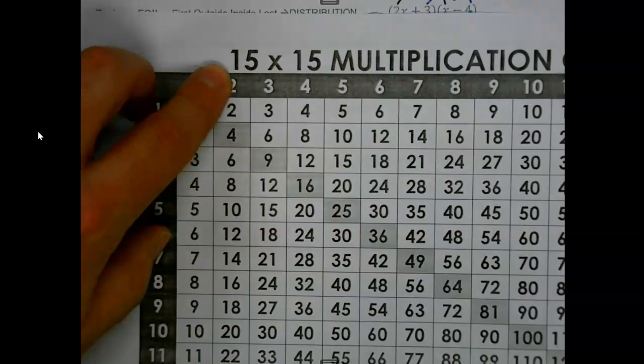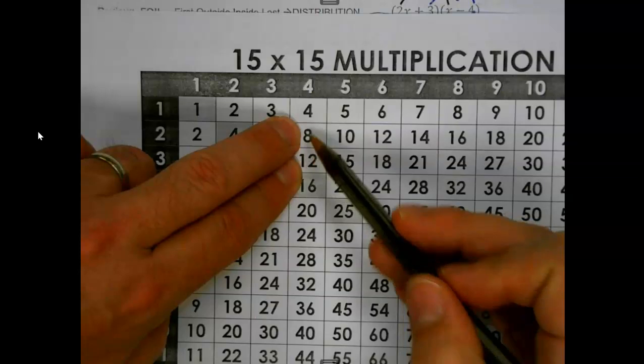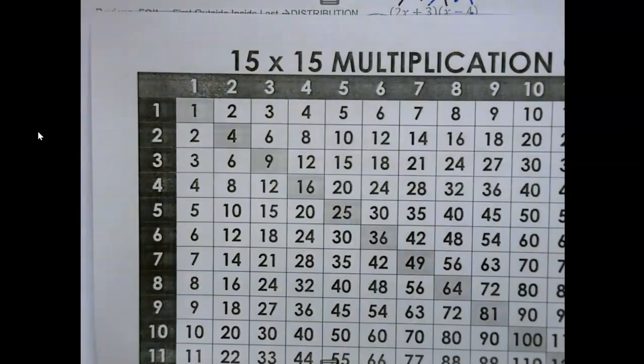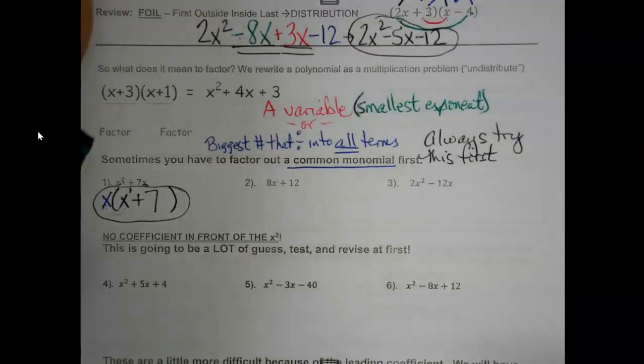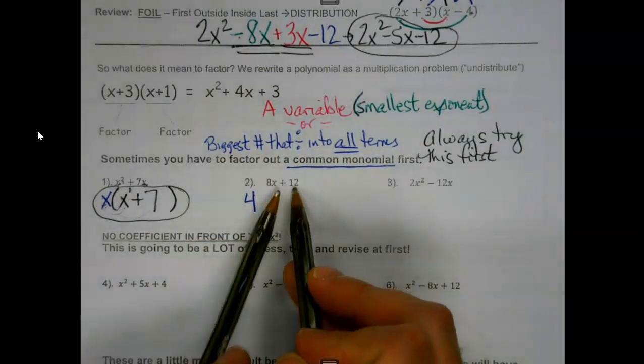And just follow it up to the top. Now, I found it with 2, but I also found it here with 4, and 4 is bigger. So if doing that factor stuff is not your strength, the multiplication chart's a good way to help out. So we're going to take out a 4. I can't take an x this time because both terms do not have an x.